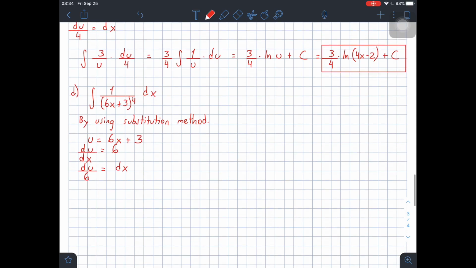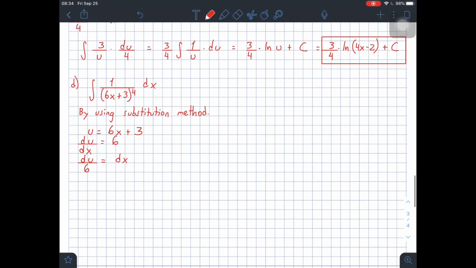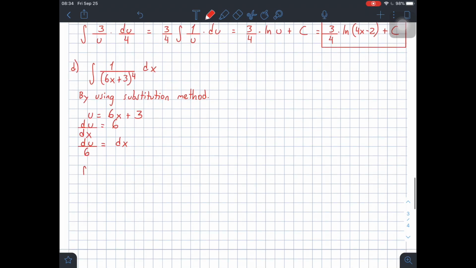So I'm going to make the replacement into the integral. So we're going to say that the integral of 1 over, instead of 6x plus 3, we're having u to the 4th power. And instead of dx, we have du over 6, right, according to this.